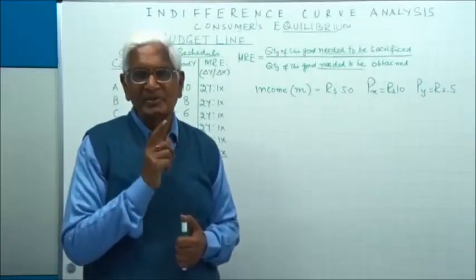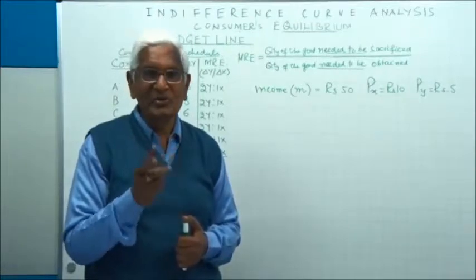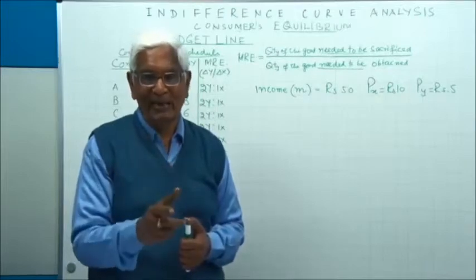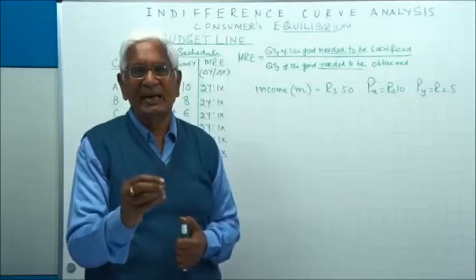Consumption possibility schedule shows the price which consumer has to pay in the market if he wants to obtain X and Y.